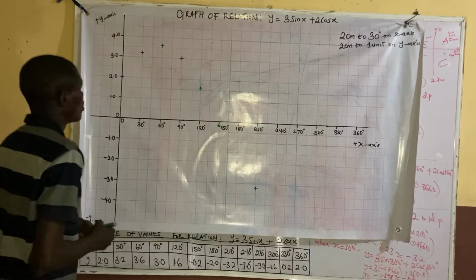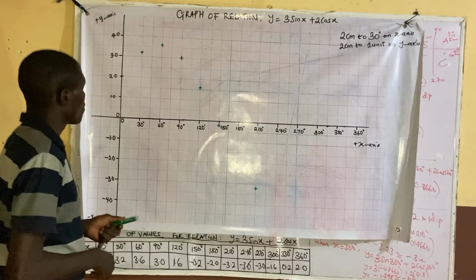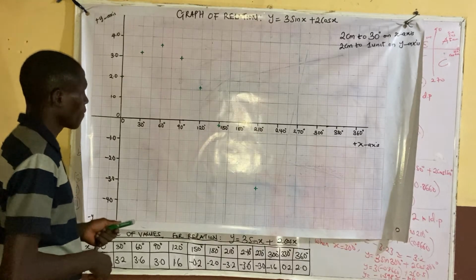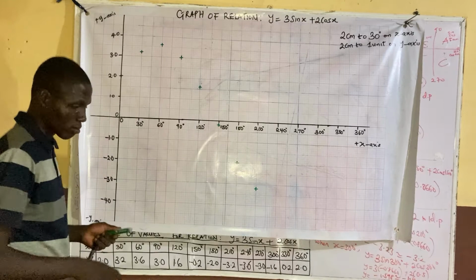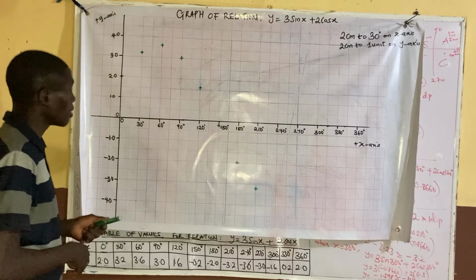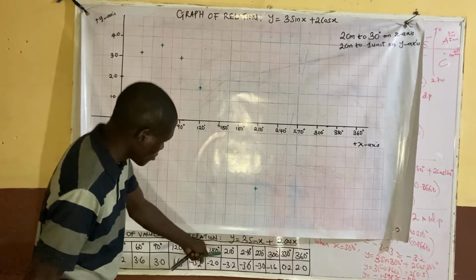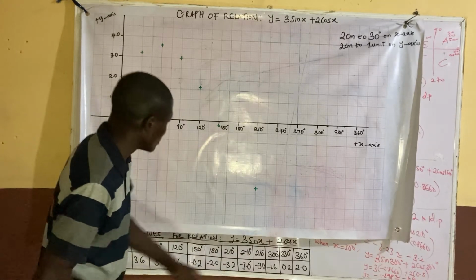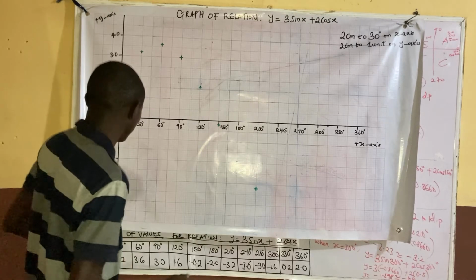Now we have another point to locate. What is the point we are going to locate now? It is 240 against minus 3.6.